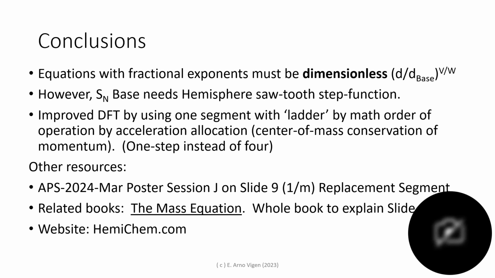But if so, then I have one segment that can do 4 steps of the ladder with one equation. That's the fourth root of all of the calculations that we're doing. And this is going to improve processing time and other things.